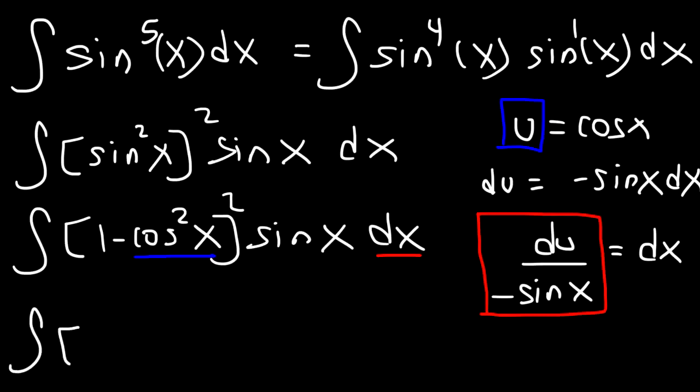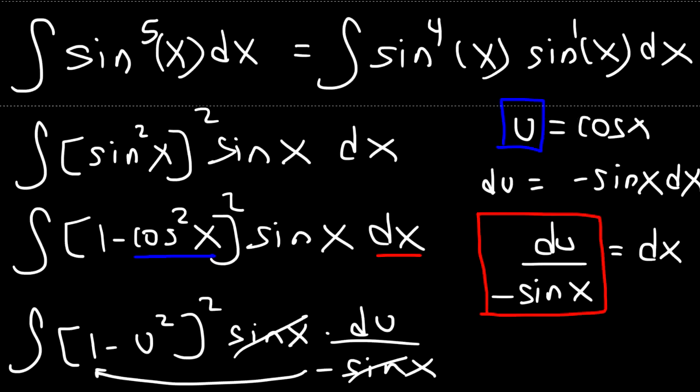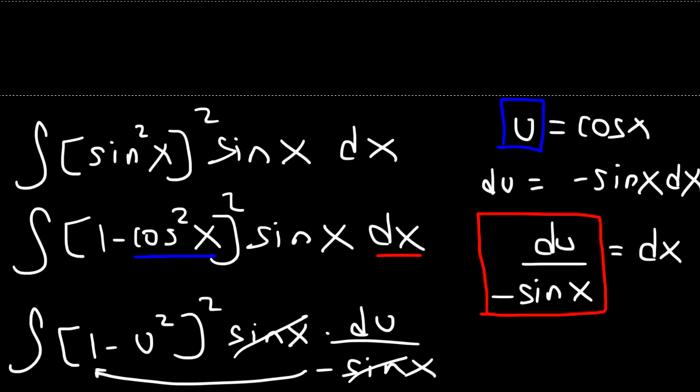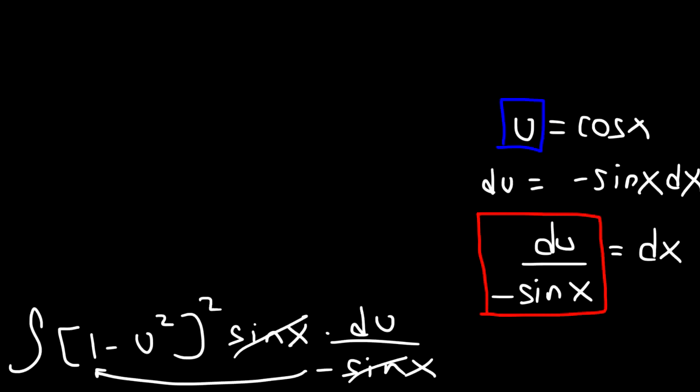So we have the integral of 1 minus u squared, squared, times sine x times du divided by negative sine x. And so we could cancel sine, and I'm going to move the negative sign to the front. So what I now have is negative integral 1 minus u squared, squared.